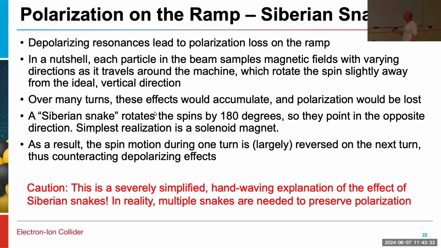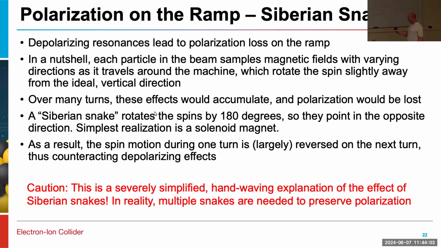So now the trick is, and this is really very, very much simplified, after each turn, I flip the spin direction by 180 degrees. So my particle goes on the next turn, samples the same magnetic fields, but with the opposite spin direction. So the spin manipulation that happened there that I didn't want gets compensated by going through the same procedure basically backwards in a sense.